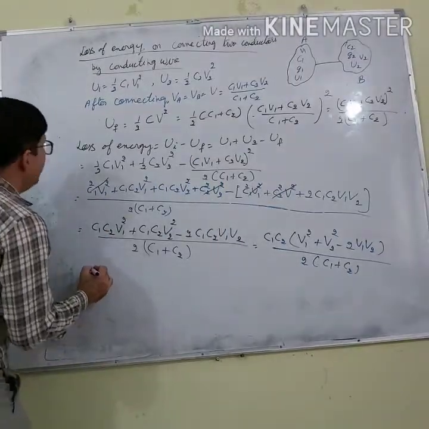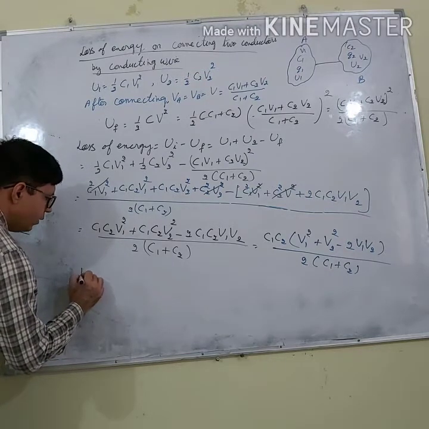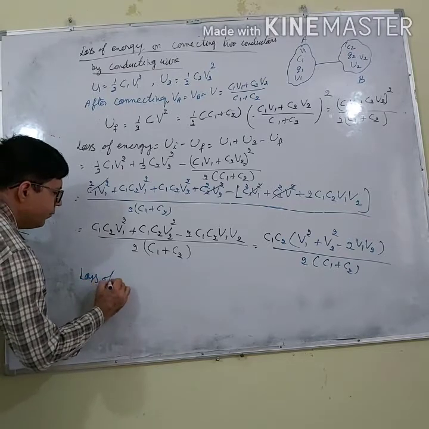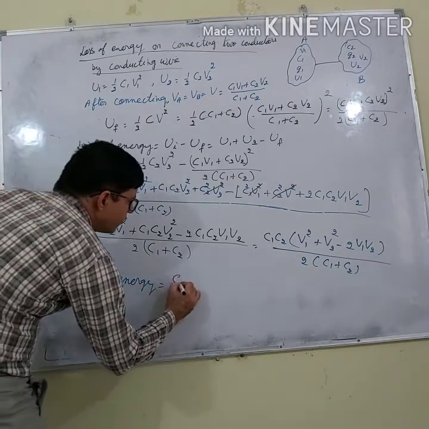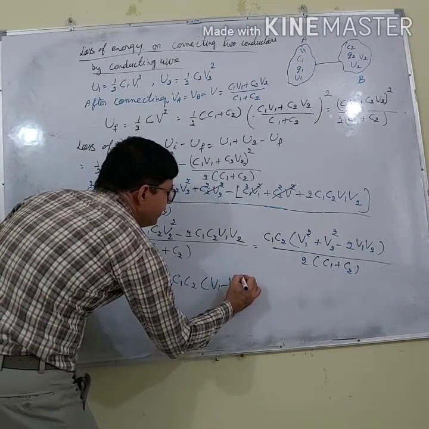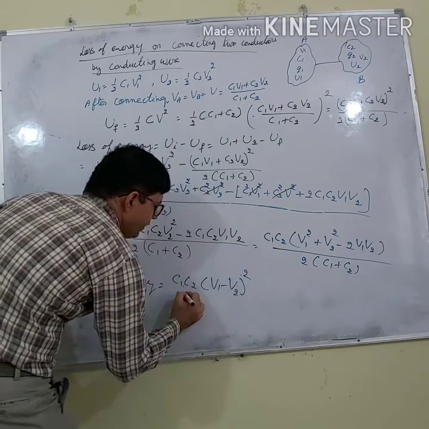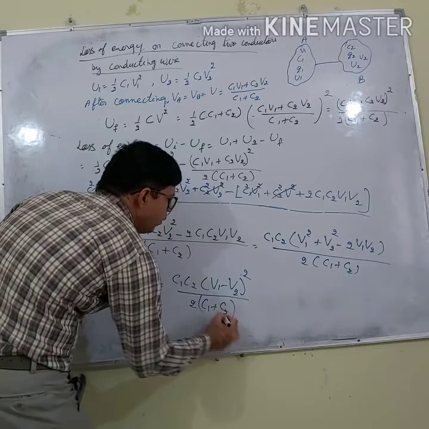So I can write that this loss of energy equals C1 C2 (V1 minus V2) whole square divided by twice of (C1 plus C2).